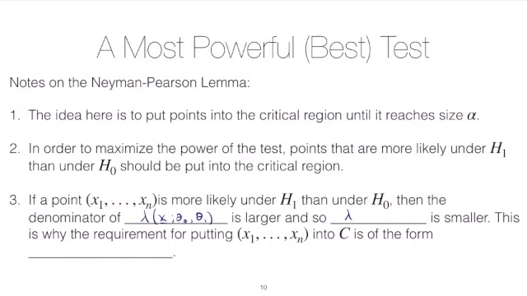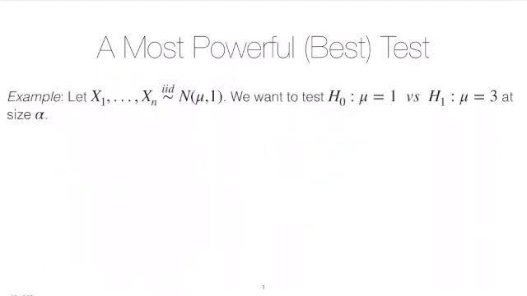So the denominator of lambda being larger makes the entire lambda smaller. So this is where we get the requirement of putting points into C of the form lambda less than or equal to k. So let's look at an example to build up our intuition.